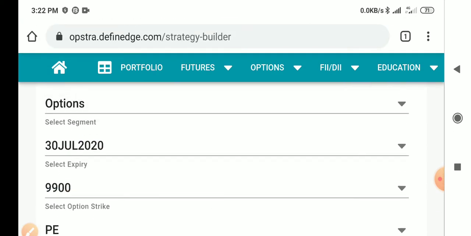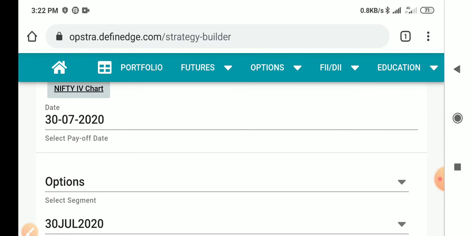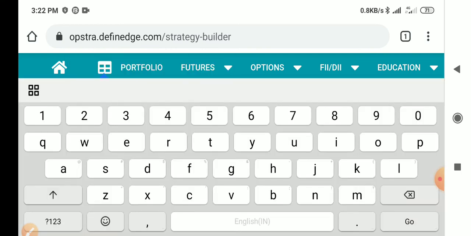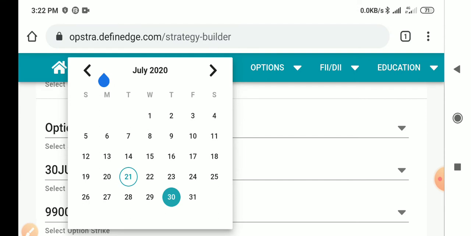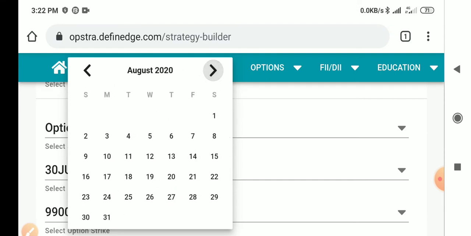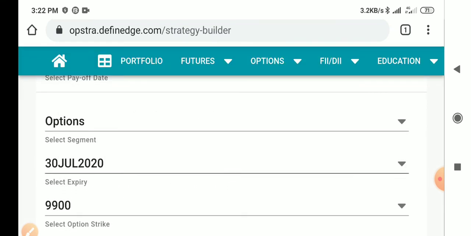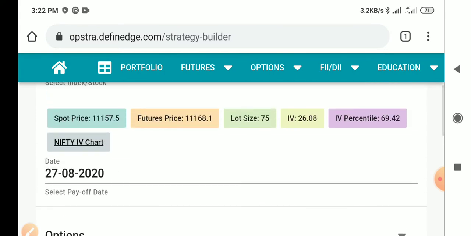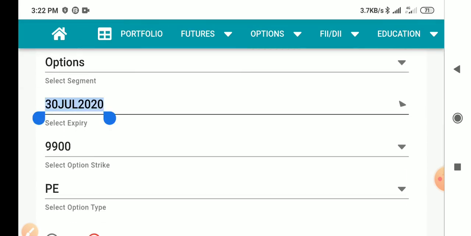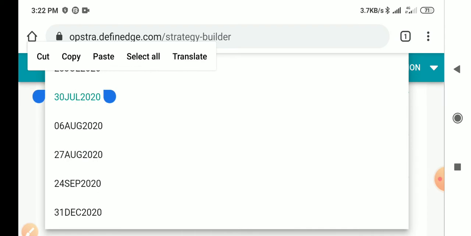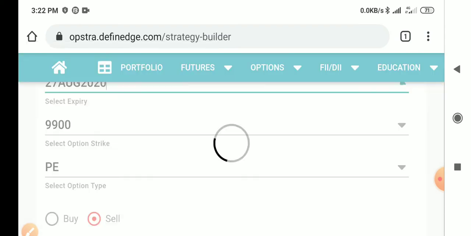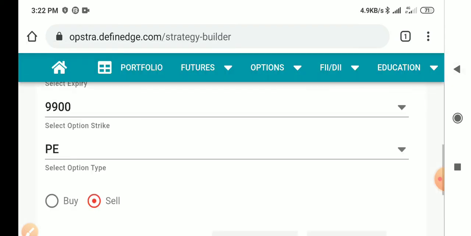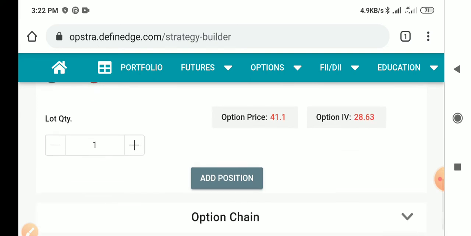Sorry, I want to sell the August one, the next month one. It's trading around 41 rupees. I am adding this.